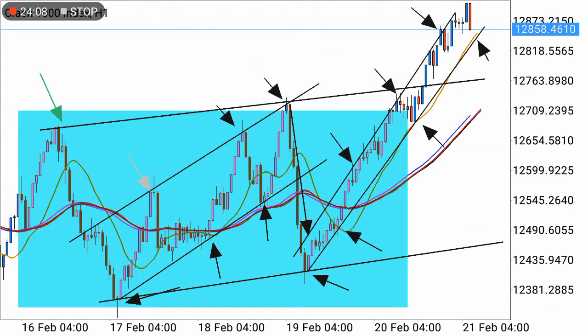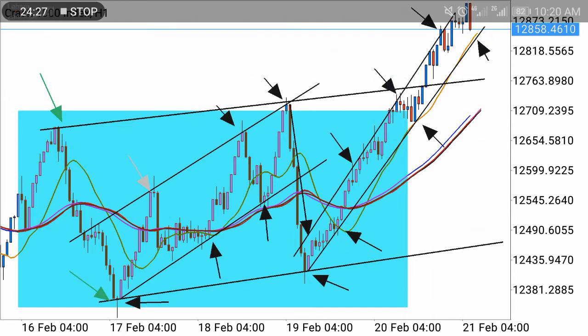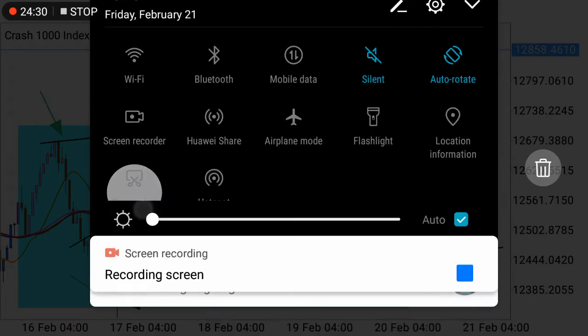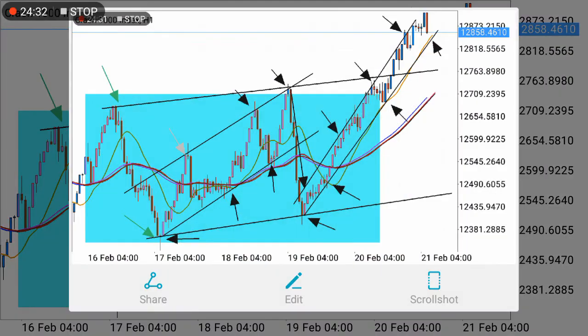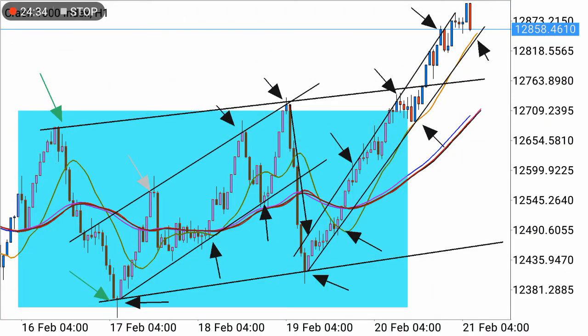Okay, and once the market started and the big picture comes here to this point, look at this point. Look at this wave point. Let me capture. Okay, and the market started going up again.